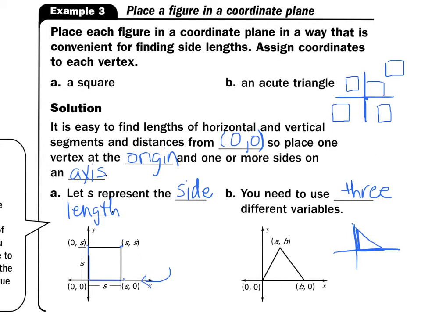But with an acute triangle, I'm going to have to put this other H in here. Okay, and so I have to use B as this side length, and then I have to say that it is a certain letter up, so A, and then it's a certain letter across to get here, so H.